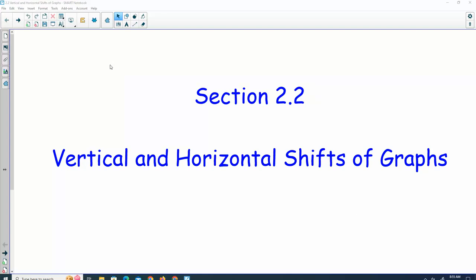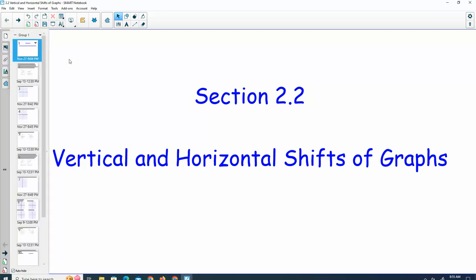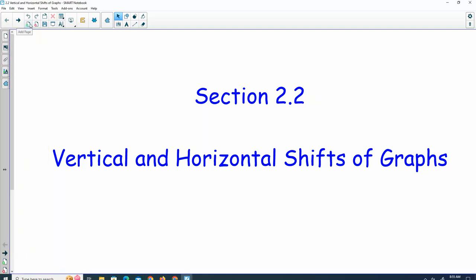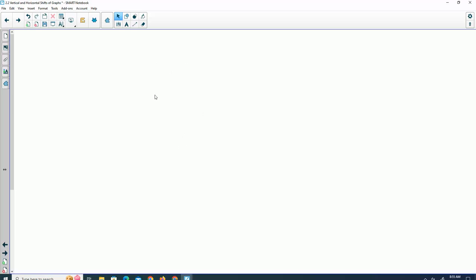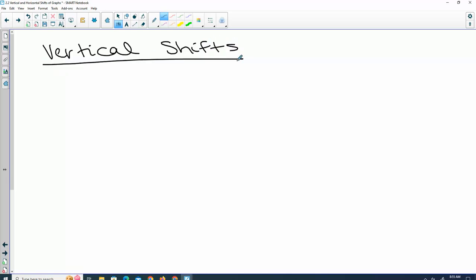Notes for you today. So you are taking these in your notebooks. So what we need to remember, when we have vertical shifts, it's when you have a function with a number added or subtracted on the end.